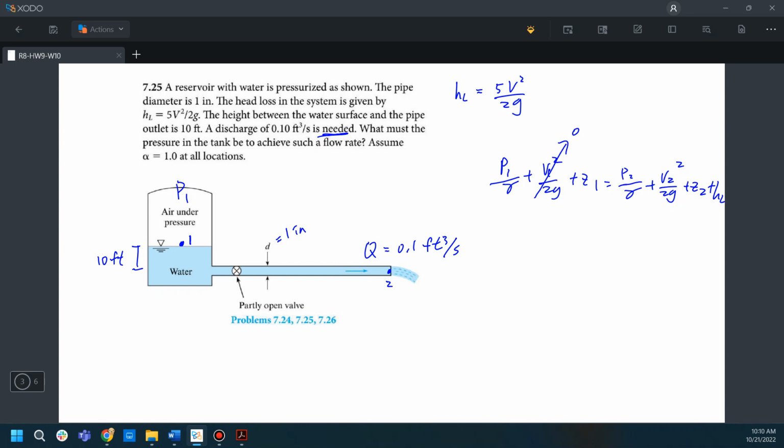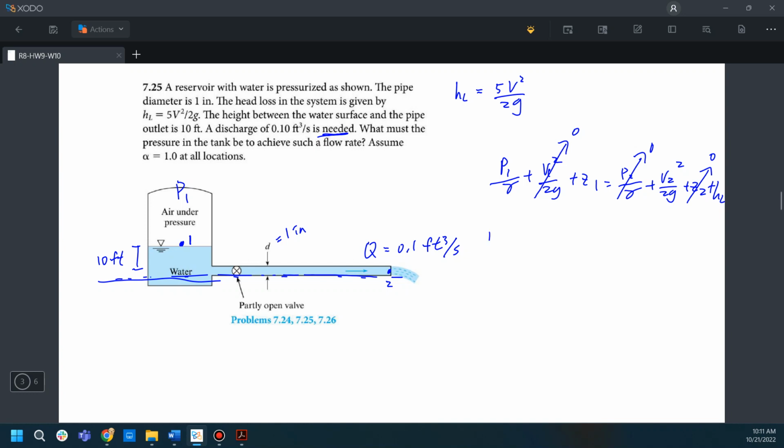And then Z1, if we define the datum to be at point 2, then we cannot ignore Z1. P2 is open to the atmosphere, so this term is 0. V2 of course is not 0. Z2, we define to be our datum, so Z2 will be 0 as well. And the head loss is given by the problem.